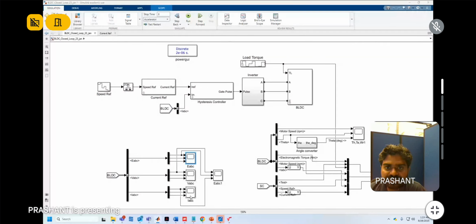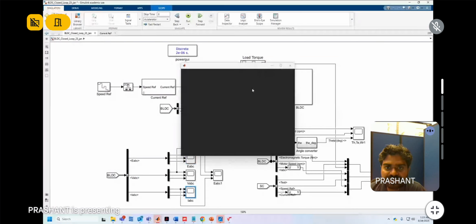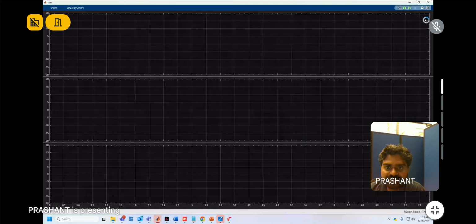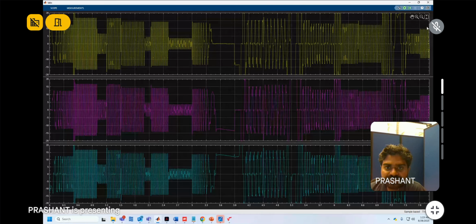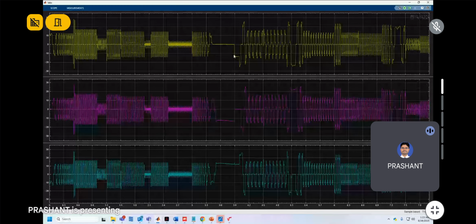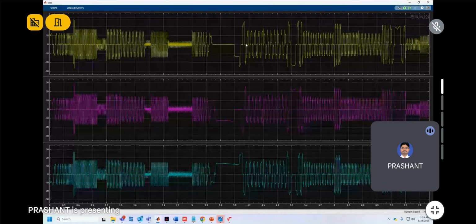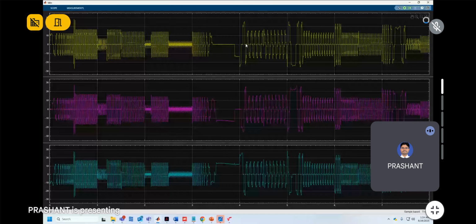Now, IA, IB, this is a quasi-square waveform. See here, this was the point where we were expected to achieve the zero currents.